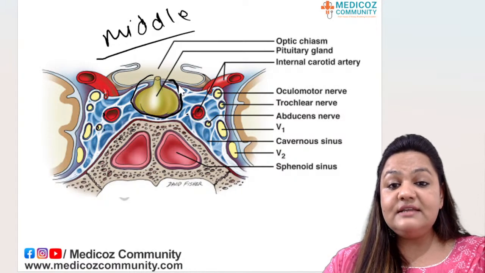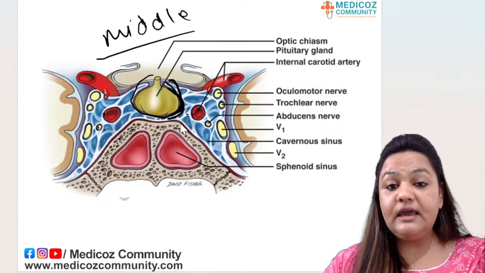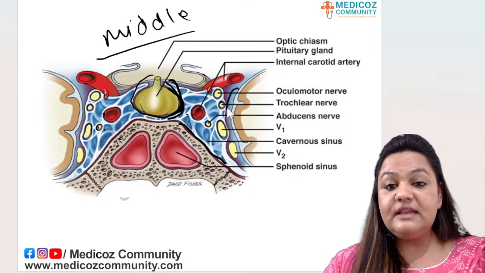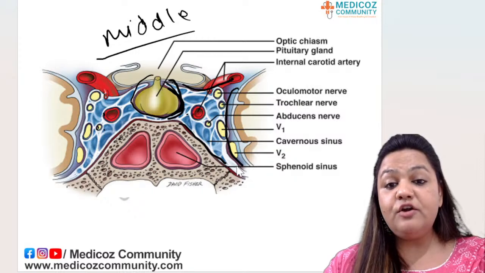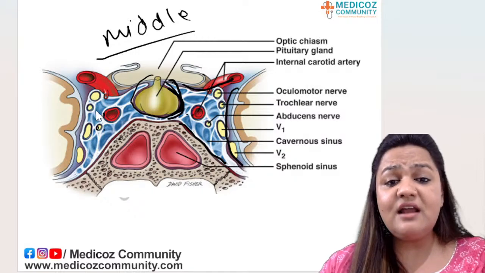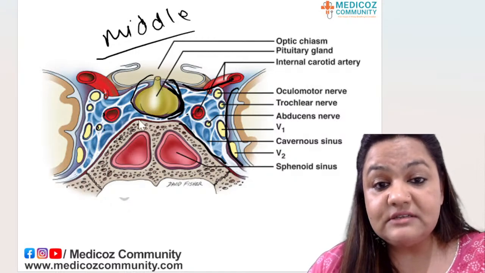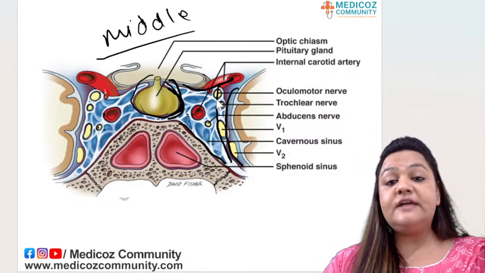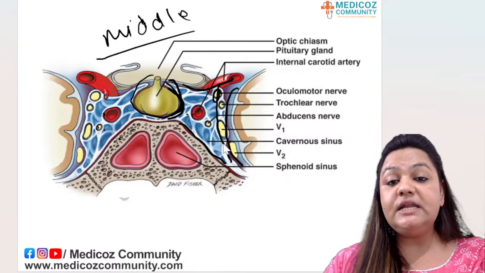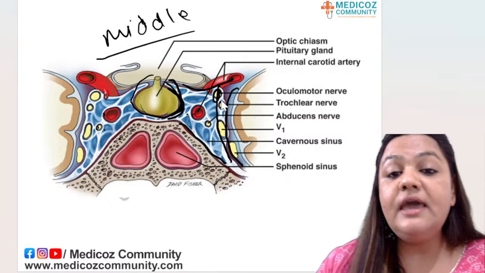So the cavernous sinus has boundaries here. This is the medial wall, this is the floor, this is the lateral wall, and this is the roof. Now here you can see between the walls and along the wall of the cavernous sinus, there are so many nerves and vessels. This is the lateral wall. There are many nerves related to this lateral wall of the cavernous sinus from anterior to posterior.